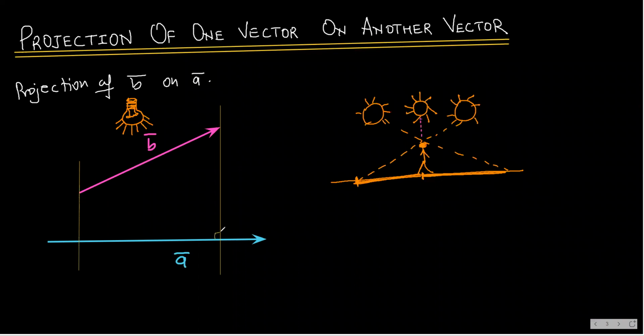Now these two perpendiculars which you have drawn, suppose I call this point P, and this foot of perpendicular I call Q. Then the length PQ is the projection of b bar on a bar.